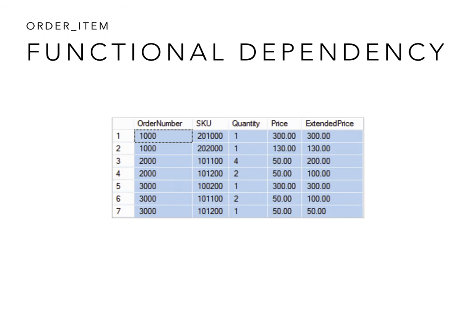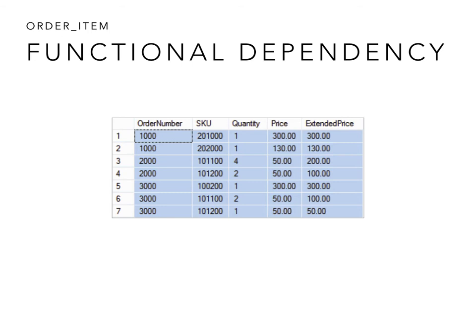So if you know the SKU, you know the price and the quantity? Well, I guess you know the quantity from it. Yeah, see, this guy ordered the same thing as this guy in order number 3000 and in order number 2000. So SKU alone is not enough to determine everything else.